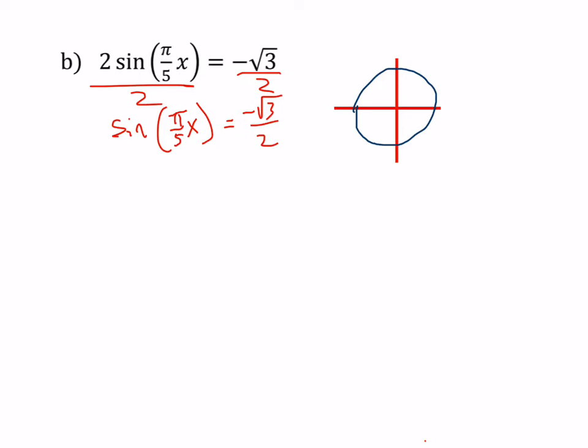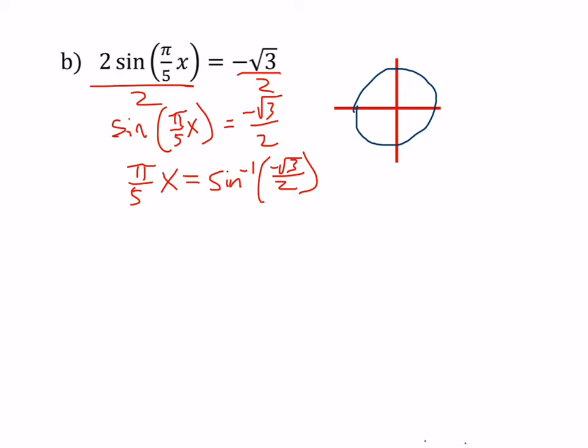Okay, so we want to get rid of this sine here, S-I-N, all right? So what we need to do to get down to this stuff here is take the inverse sine. So we have pi over 5 times x, that stuff on the inside, is equal to the inverse sine of negative root 3 over 2. All right, so we want to find out what angles have a sine of negative root 3 over 2.